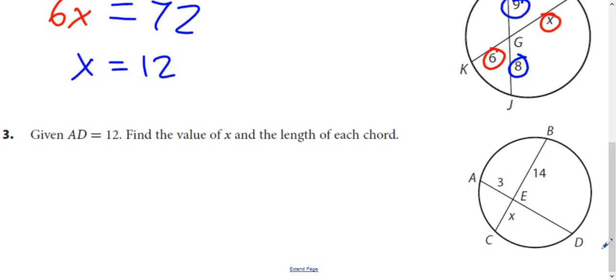And for our last one, you can see that they don't give us the other length here, but they do tell us that AD equals 12. So that entire chord has a length of 12. So if this side is 3, that means the other side is 9, because it has to add to equal 12.